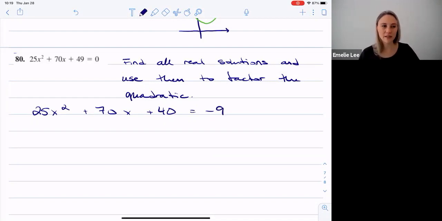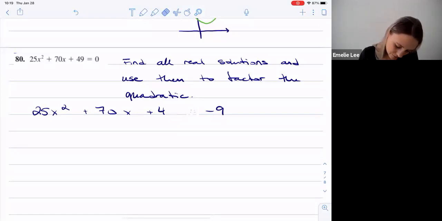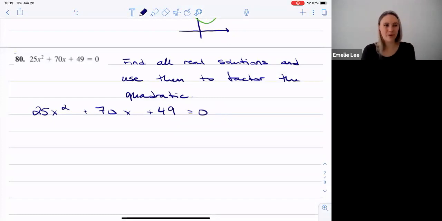The first thing you would have to do is add this 9 over here to set it equal to 0. So even if it's not equal to 0, you'd have to force it to be equal to 0. But in this case, we have 49 equal to 0, so we're good. But that's how you would deal with it. You would just incorporate it, move it into the constant.